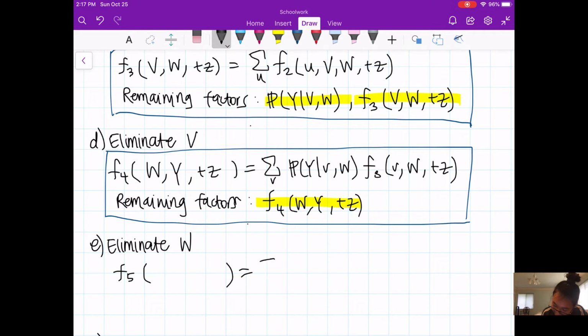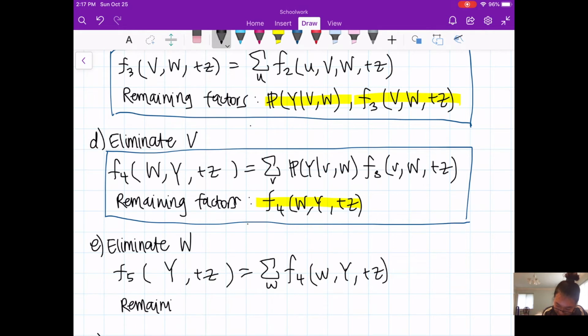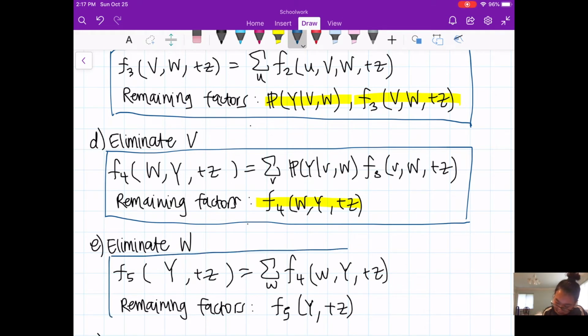And then you want to sum over all the possible W values of the fourth factor, so we can get rid of W, Y, and plus C. And that will result with the factor 5 being just Y and plus C. And your only remaining factor will just be F5, which is a Y and plus C. So yes, that is your solution for part E.